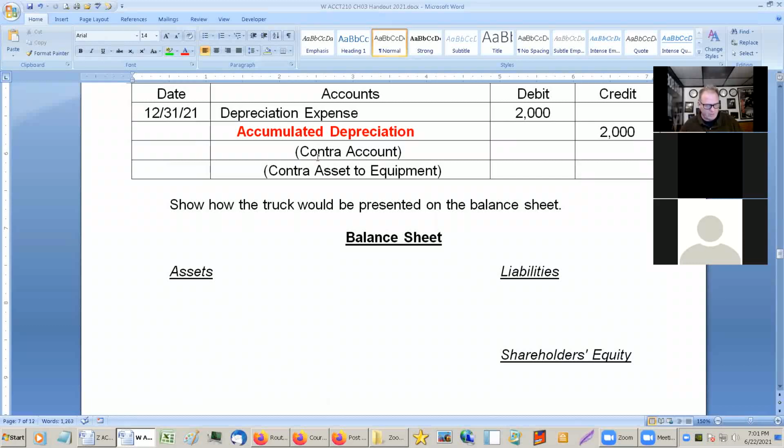We don't need that right now, but let's see. Our equipment account would show 20,000. And right underneath it, we'd have this accumulated depreciation.